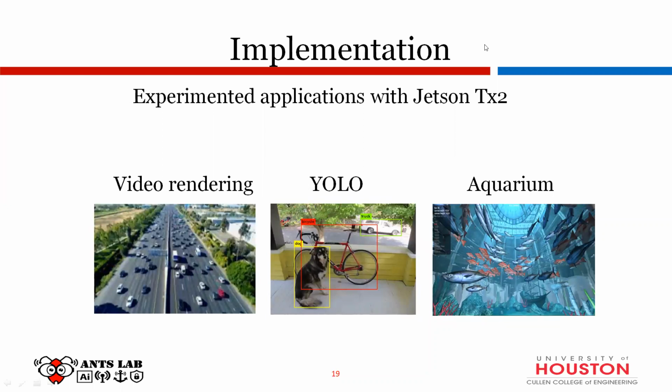Through training, you can tell whether the object is a dog, a bicycle, or a truck. And the third one is the aquarium. This is a website that contains a lot of fish, and you can change the amount of fish, and it will show you how the frame rate changes. So these are the applications with the TX2.